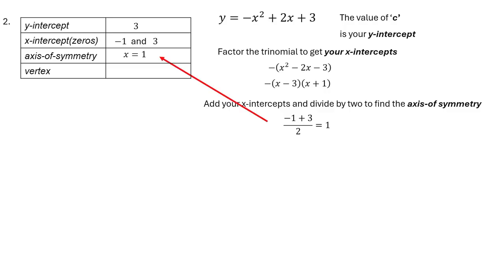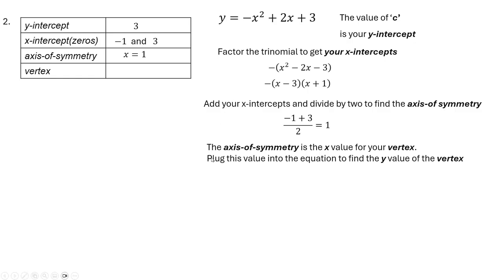This axis of symmetry becomes the x value of our vertex. So the x value of our vertex is 1. And if we take that 1 and plug it back into our equation, we'll find out what the y value of the vertex is. So here we go.